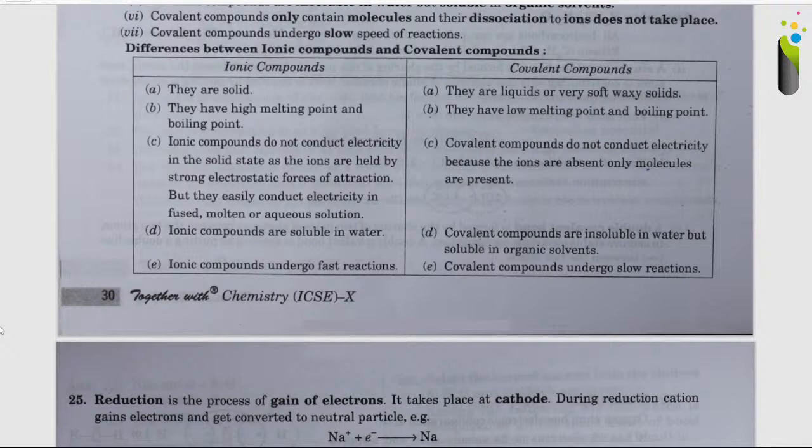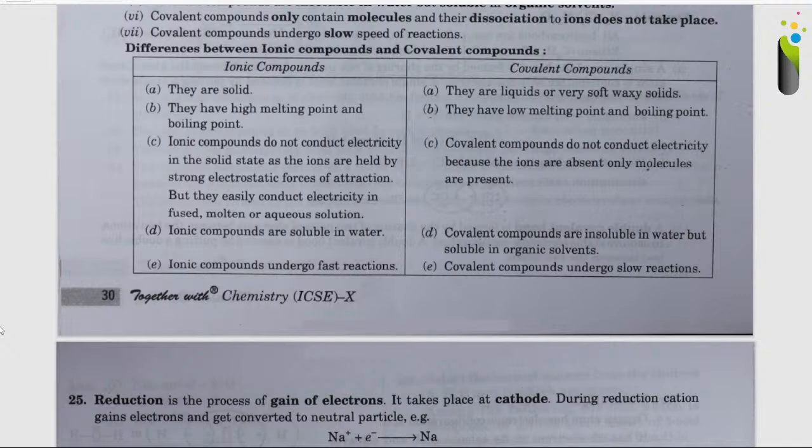Third, ionic compounds do not conduct electricity in the solid state as the ions are held by strong electrostatic forces of attraction, but they easily conduct electricity in the fused, molten or aqueous solution, whereas covalent compounds do not conduct electricity because the ions are absent, only molecules are present.